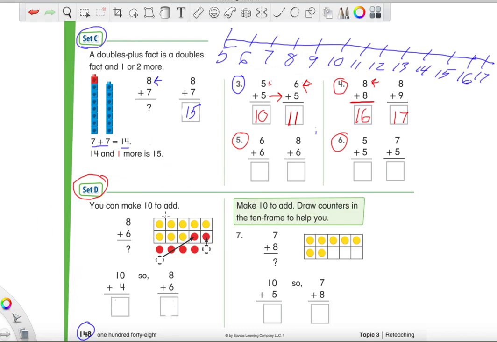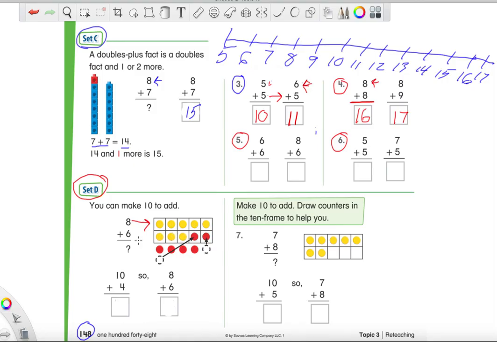Okay, so what we did here with these 10 frames was they had us draw all of these extra circles, right? Because we would always start off with one color, which was usually that top number. So they gave us 8 yellow circles, right? 1, 2, 3, 4, 5, 6, 7, 8. We have 8 yellow circles.